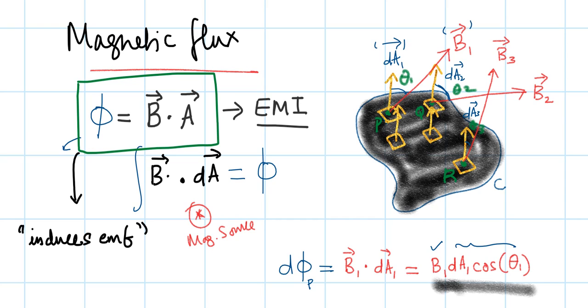For an EMF to be induced, the magnetic flux associated with the coil must change.